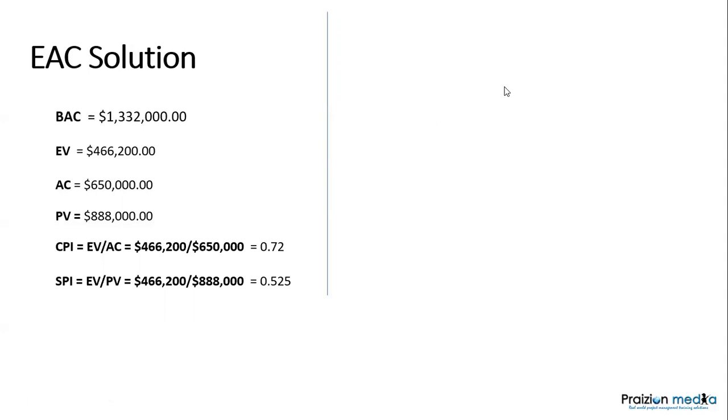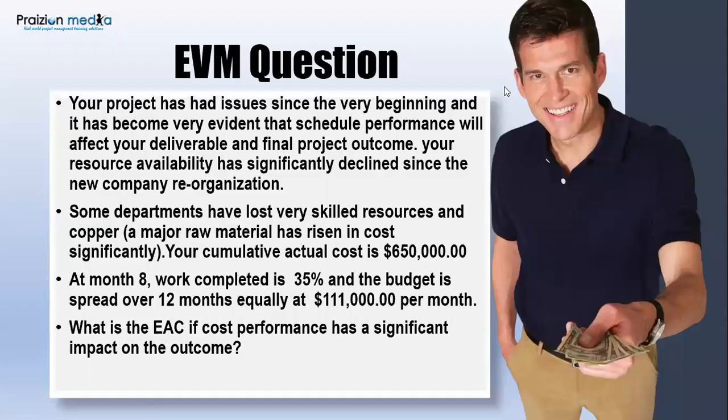So let's take a look one more time at the full question, and you see these details that I have plugged in and how they fit into the big picture of the question. So let's read the full question. Your project has had issues since the very beginning, and it has become very evident that schedule performance will affect your deliverable. That one, you want to highlight that right there.